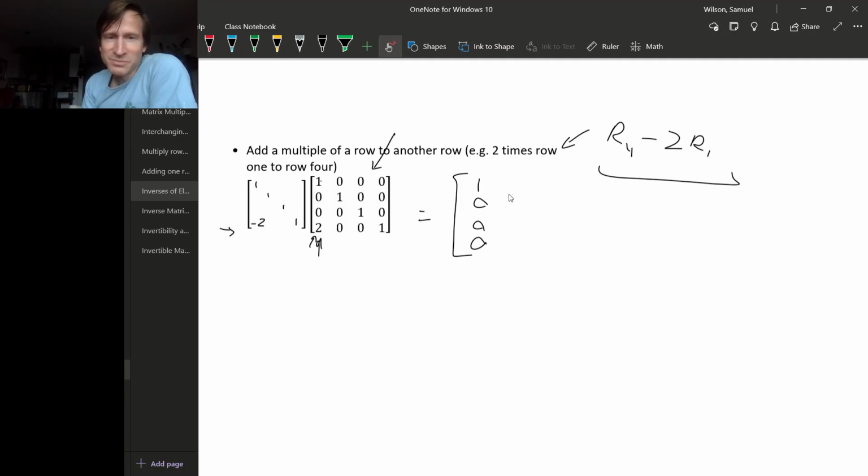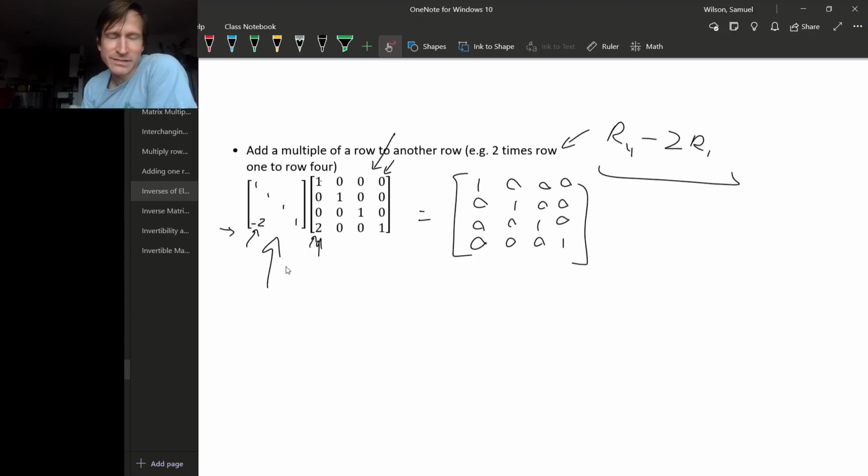The next two columns don't really do anything interesting. They just pick up the ones in the middle here. So 0, 1, 0, 0, and 0, 0, 1, 0. And then for the last column, when we sweep that down, this minus 2 hits that 0, and so we just get 1 times 1 in this last position here. So like that. And so it worked.